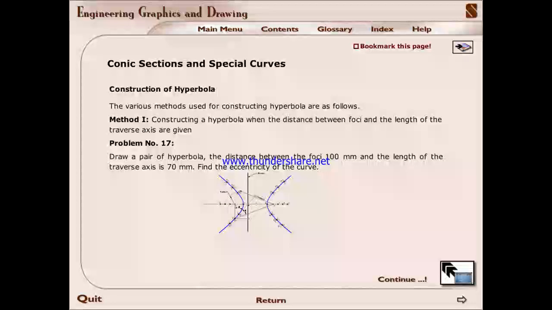The distance between foci and length of the transverse axis are given. Problem number 17. Draw a pair of hyperbolas. The distance between foci is 100 mm and the length of the transverse axis is 70 mm. Find the eccentricity of the curve.